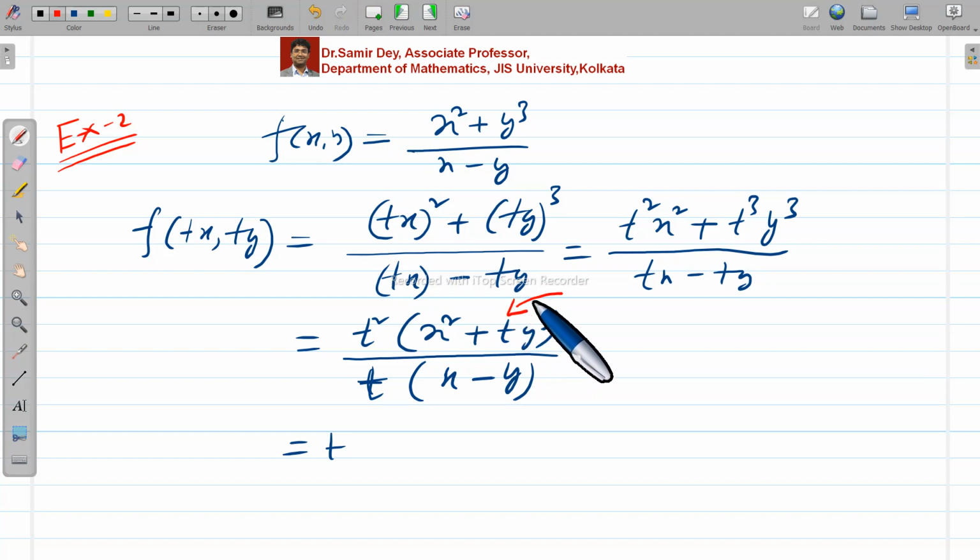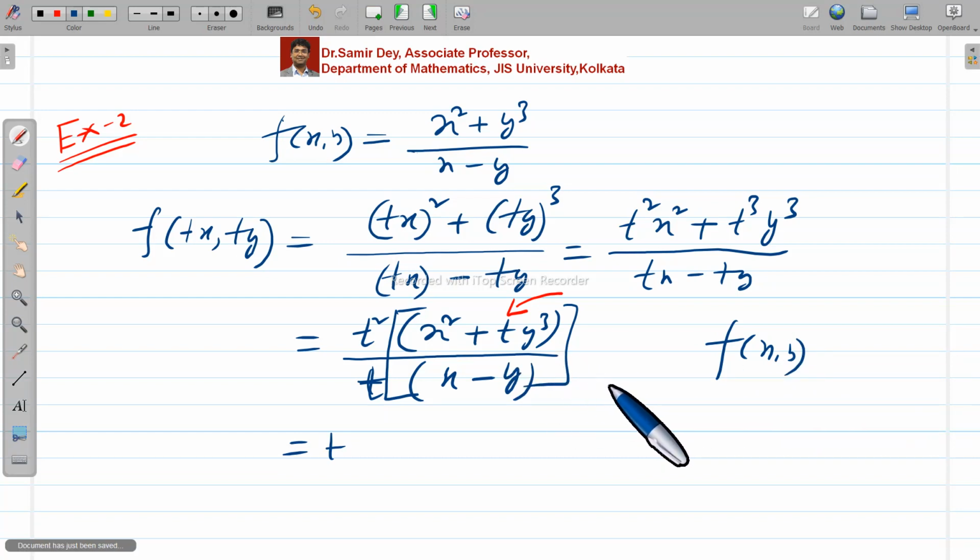So you are not in a position to express this expression in f of xy form. This is not your f of xy. So one extra t is here. So you can't express it as f of xy. No.